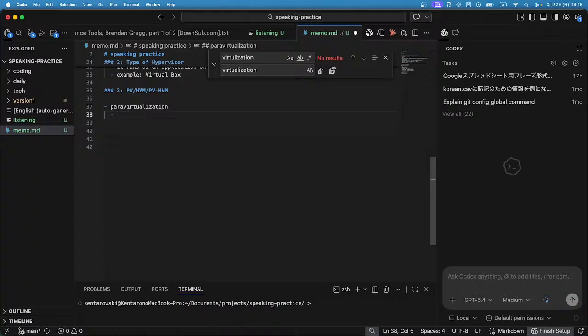What is it? This is a type of software which modifies the kernel of the guest OS, and it can communicate with the hypervisor by hypercall.